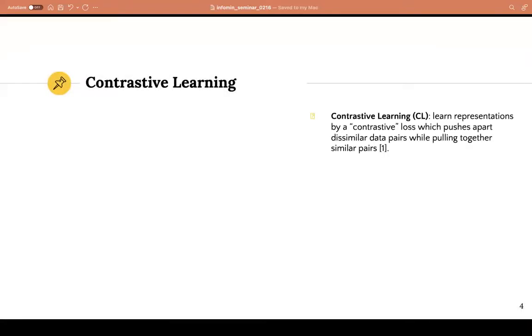We can define contrastive learning as a technique to learn representations by a contrastive loss, which pushes apart the dissimilar data pairs while pulling together the similar pairs. And it's a subset of unsupervised learning.